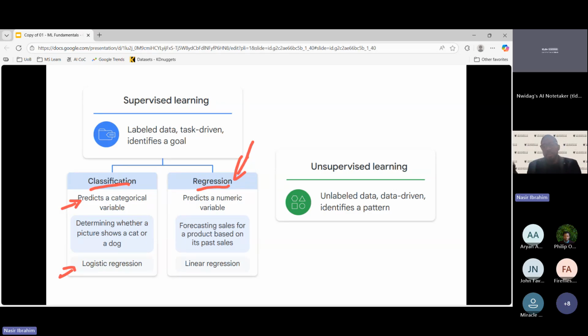For example, you want to predict the price of a house. The price of a house is numeric, a continuous variable, so in that case you're predicting a number, and that is considered a regression problem. An example of that is linear regression. These are the two main classes of problems under supervised learning.